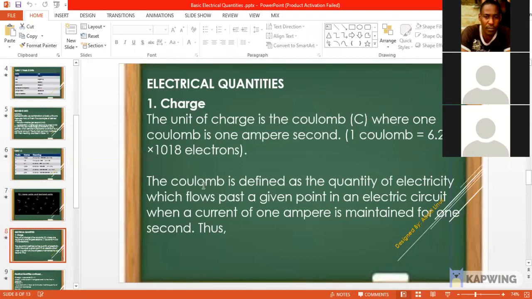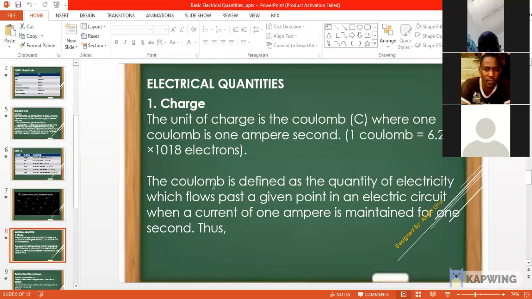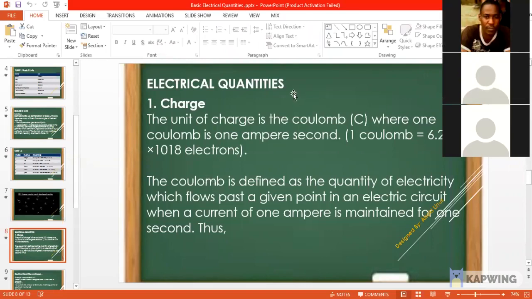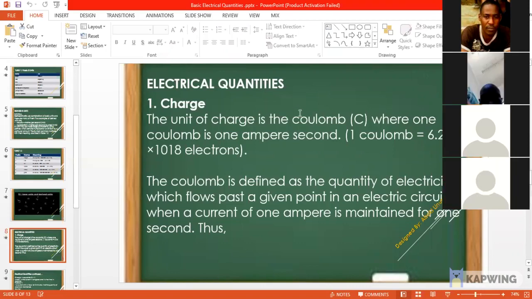Class, are we together? The unit of charge is the coulomb. And 1 coulomb is 1 ampere second. Yeah, correct. Isaac, you wanted to try? It has been answered. Thank you.